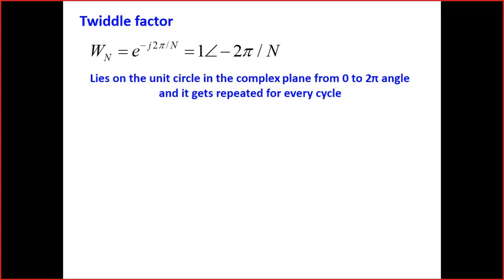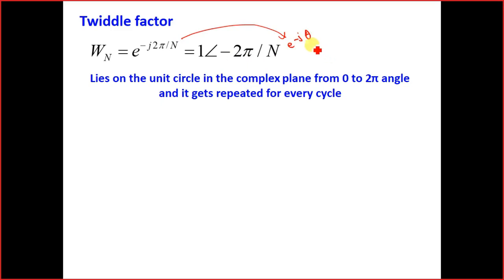Now coming to this Twiddle factor itself, I will give you a very easy way to calculate these values. If you look into this Twiddle factor, we are having one angle of minus 2 pi by N. Now if you break this down, it is basically e to the power minus j theta.